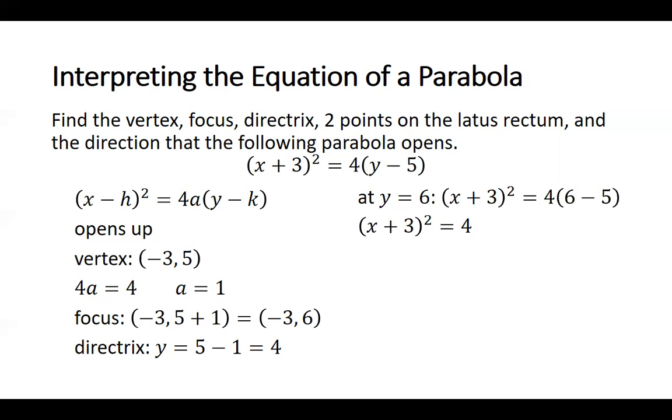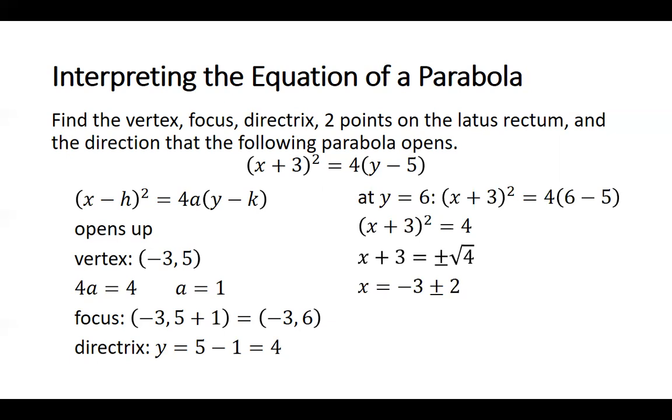Now we need to solve for x. We take the square root of both sides, and remember, when you take the square root of both sides of an equation, you need to put a plus or minus in front of your square root. So x plus 3 is equal to plus or minus the square root of 4. Luckily, the square root of 4 is 2.